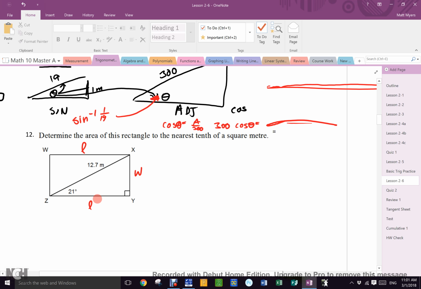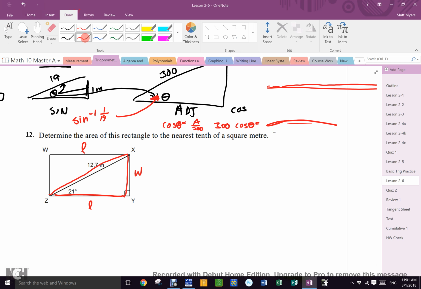Yep. So now you have this triangle. Do you have 2 pieces of information for that triangle? What do you know about that triangle? Is there a theta? What is it? 21. What's this? Hypotenuse. So your H is 12.7, right?